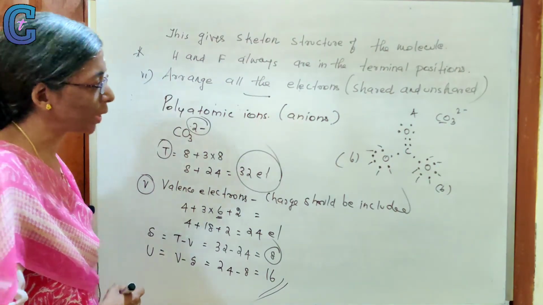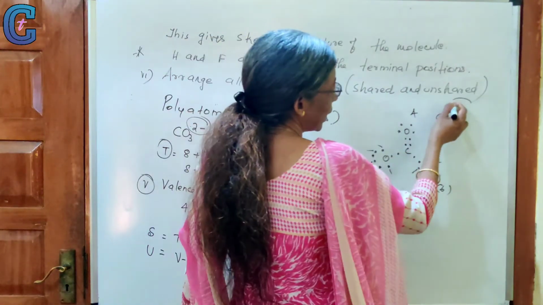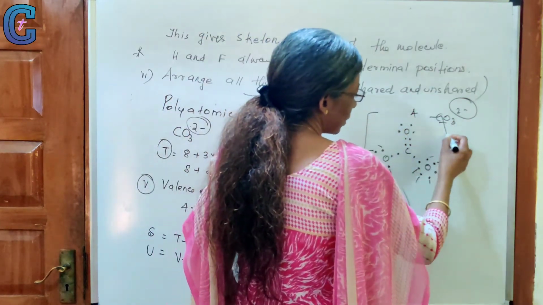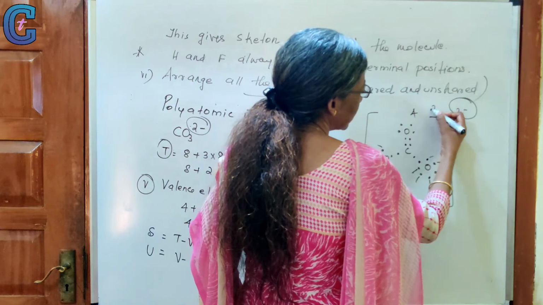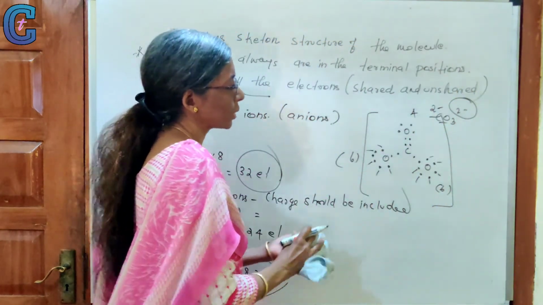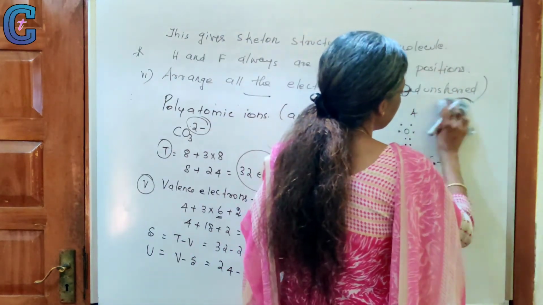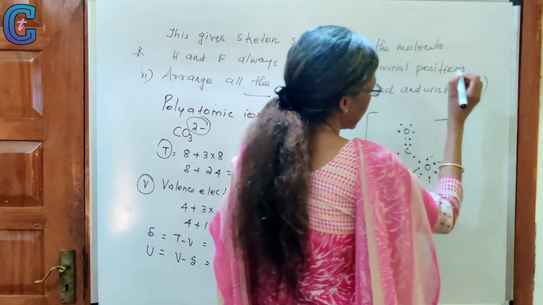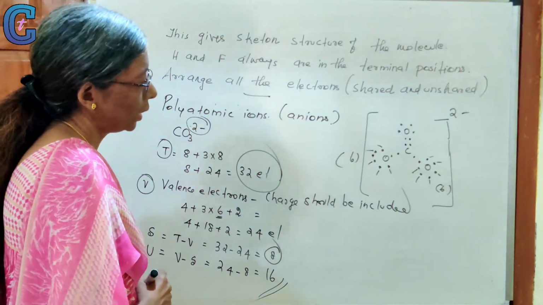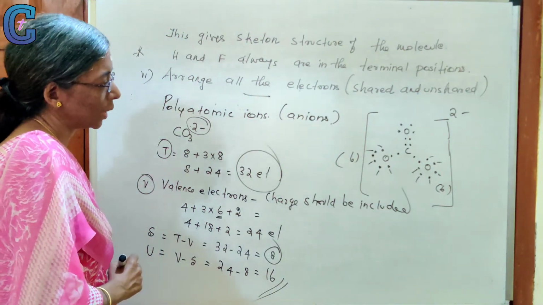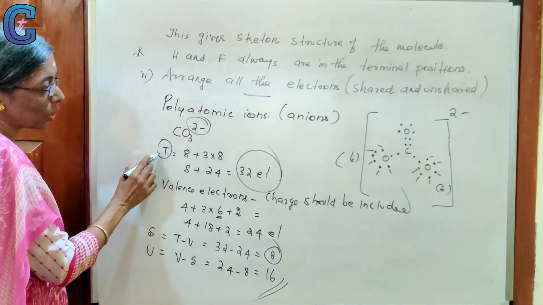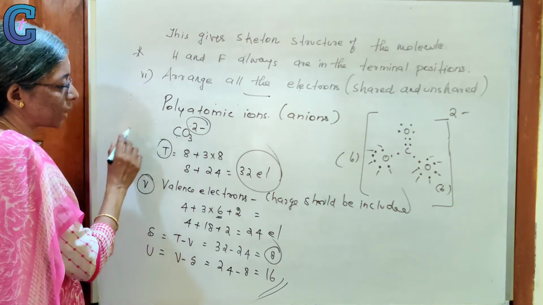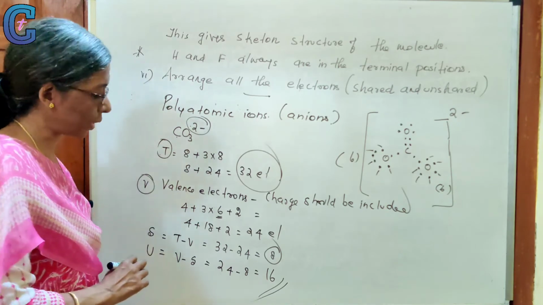So clear? So what we can do after that, here 2 minus you have to represent now, so you put the bracket like this. Above this one you can write 2 minus. So first, the total number of electrons assuming each combining atom completes its octet configuration.